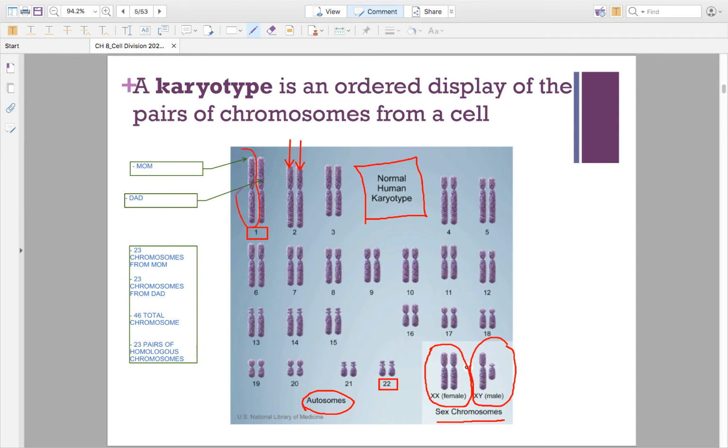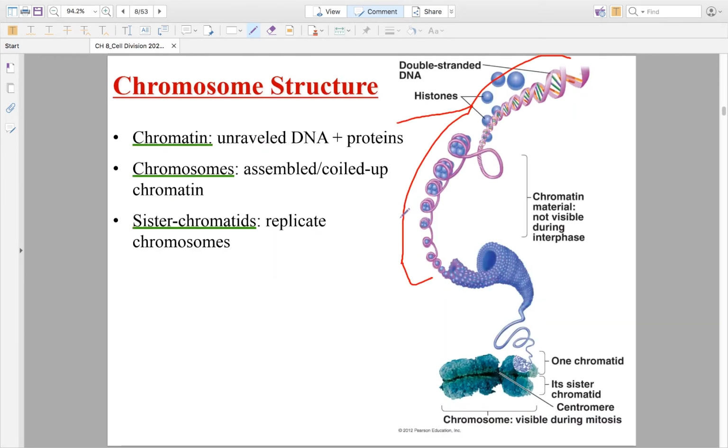Look at them one at a time. See this here? This is one chromosome. I'm drawing around it. That's one chromosome. Now when cell division is happening, it can't just happen.